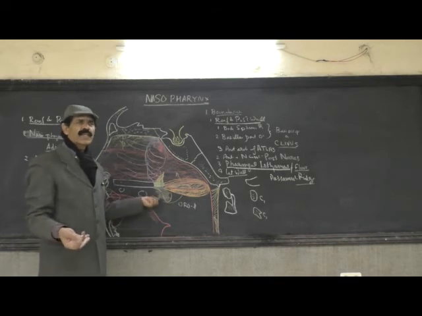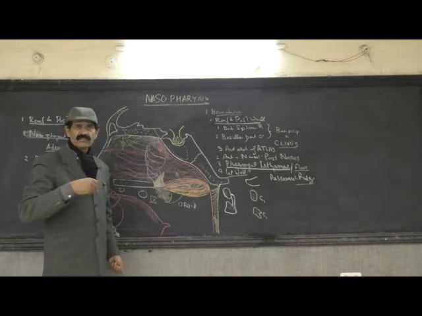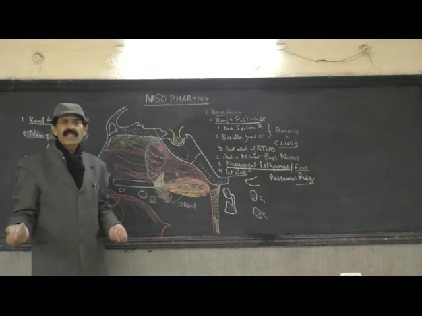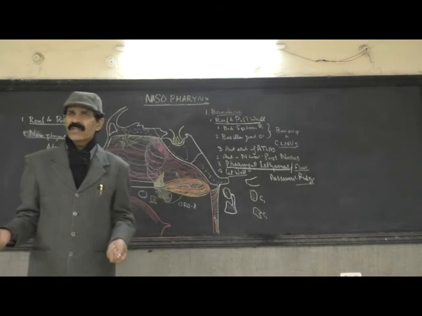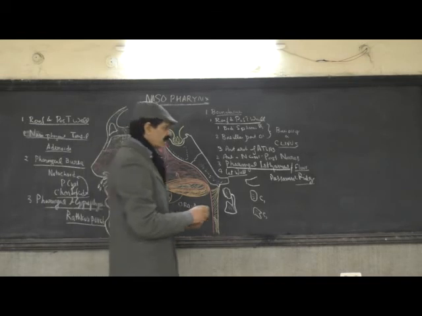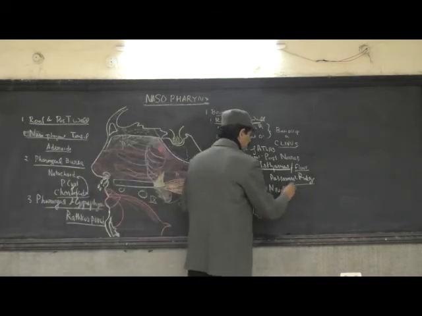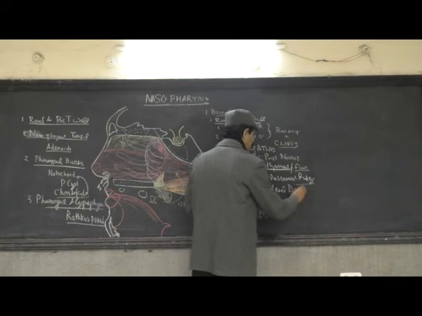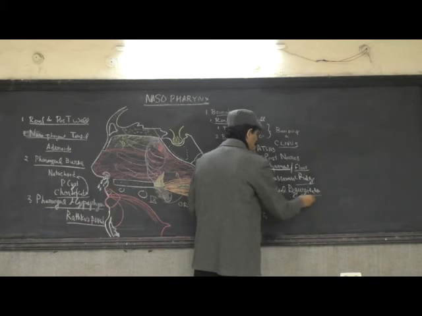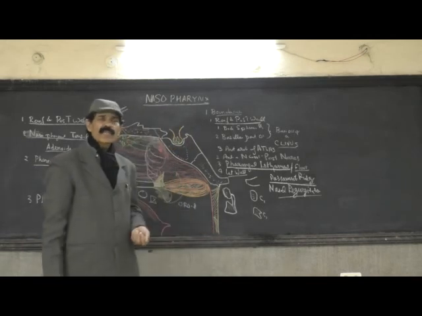The problem is that food will come into our nose while we are taking food. It gives an unpleasant sensation and situation, and this condition is called nasal regurgitation. That is because of the failure of the Passavant ridge. So that is the applied anatomy related to this.